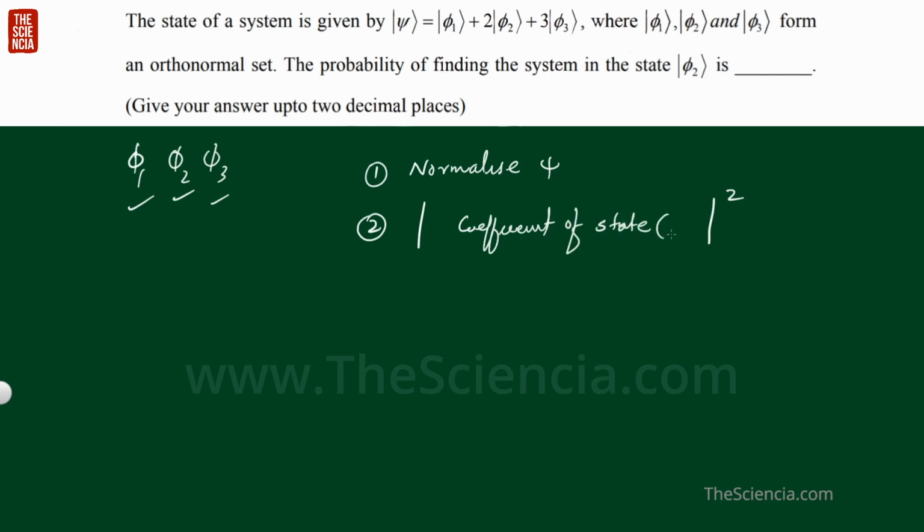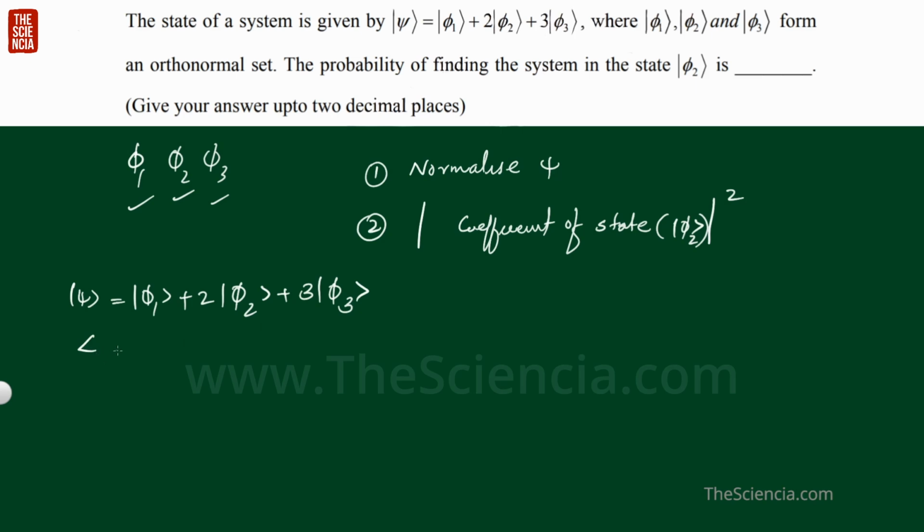That is, here it is ket phi 2. Okay, so this is the procedure. So first you have to normalize the given wave function, that is psi is equal to ket phi 1 plus 2 ket phi 2 plus 3 ket phi 3. So how can we normalize?